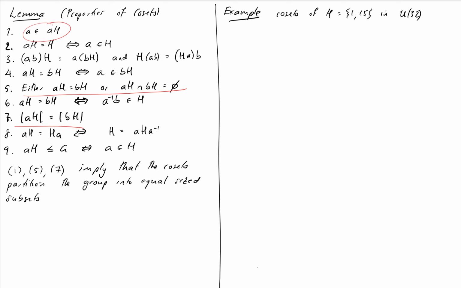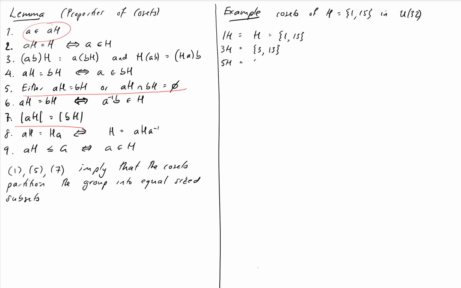So let's figure that out. 1H, we're going to go through them all, is equal to H, which just equals {1, 15}. Now what we should find is that these partition U of 32 into a number of equal pieces. 3H, that's going to be 3 times 1, and 3 15s are 45, which sounds a lot like 13, more than 32.